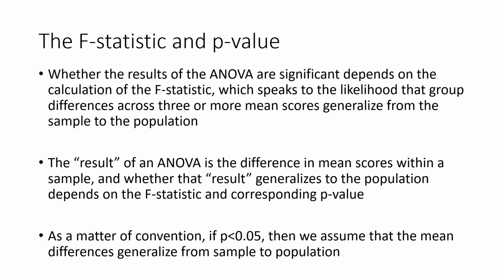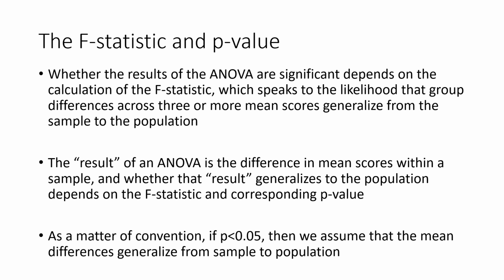In the context of an ANOVA, in a one-way ANOVA, we calculate something similar, but this time it's called an F statistic. And attached to the F statistic will be a p-value. So the larger the value of F, the larger the value of the F statistic, the more likely our p-value will suggest statistical significance.